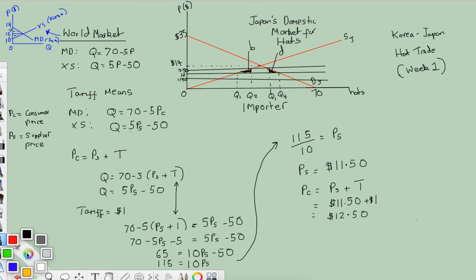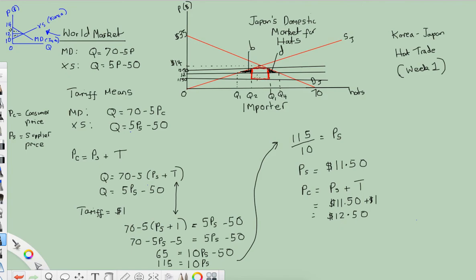And then of course I'll change my color for this one, but the last effect that's important is that the government gets revenue equal to $1 a unit. So they get the vertical distance between $12.50 and $11.50 multiplied by the size of the trade at this point, which is that smaller amount there.